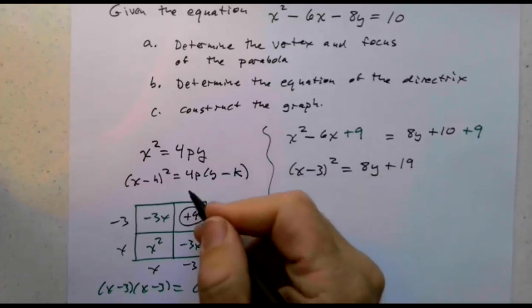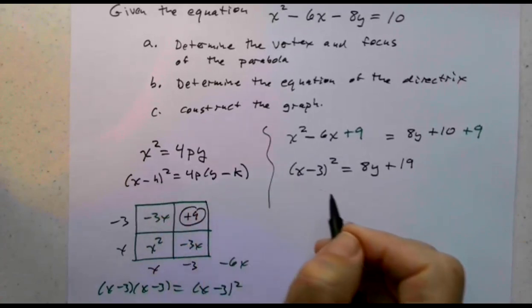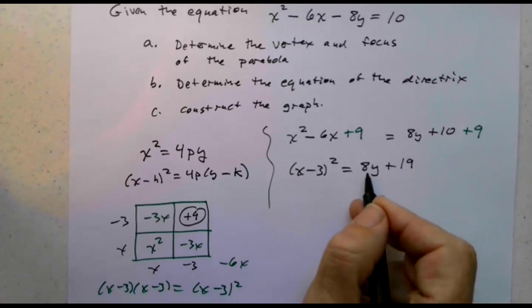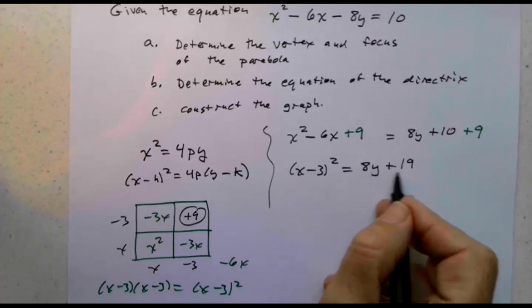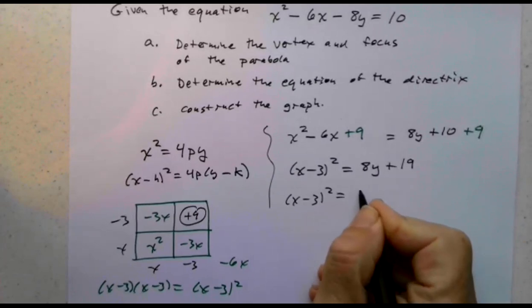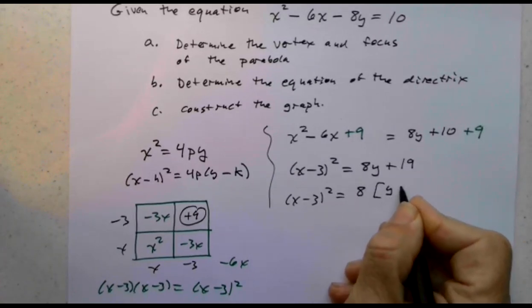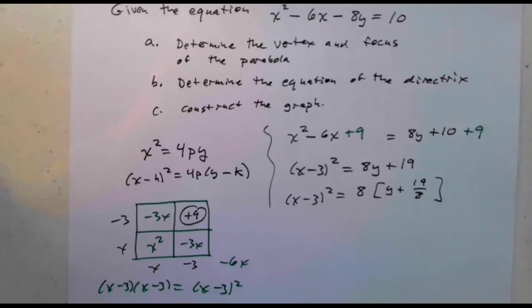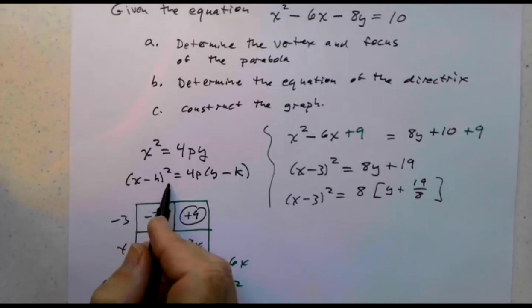So it's almost in the form (x minus h) squared equals 4p times (y minus k). How am I going to do that? I think my best strategy is to factor out an 8. Notice what we get there. (x minus 3) squared is 8 times (y plus 19/8). And I need this model, (x minus h) squared is 4p.